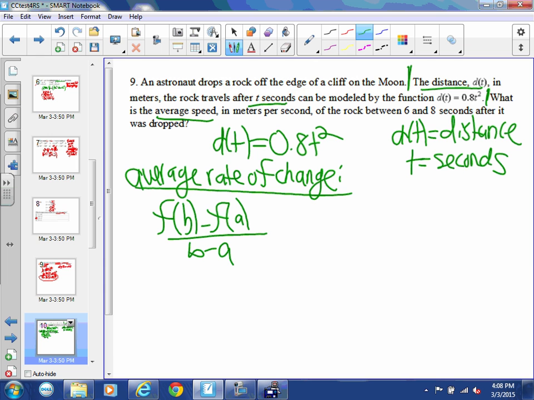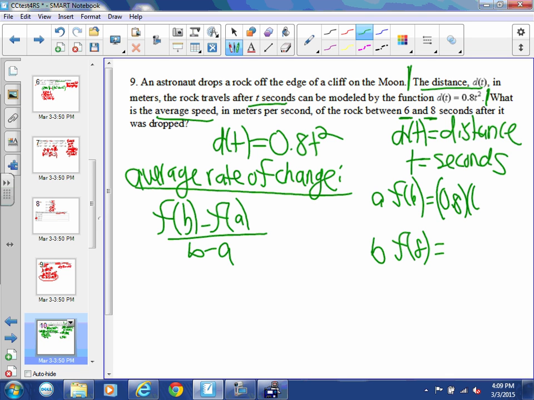Does it give me f of b and f of a? No. It gives me a and b. a is 6 and b is 8. But to find those, I have to substitute them in.